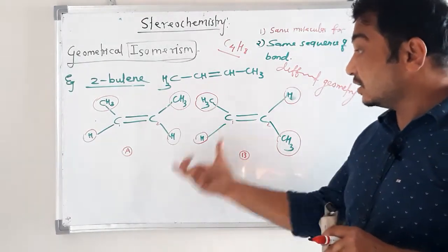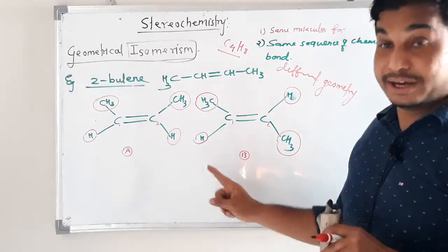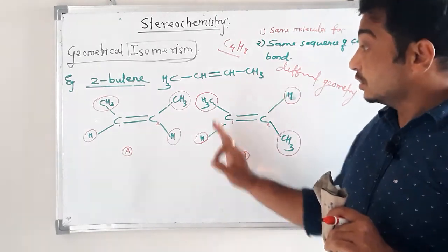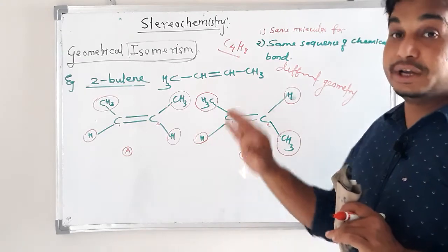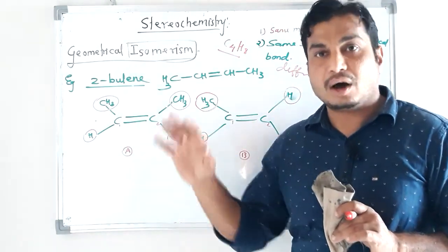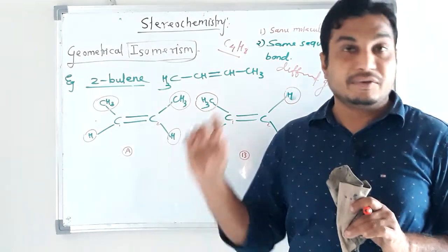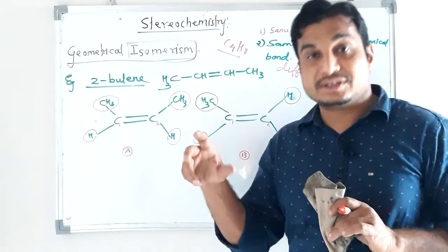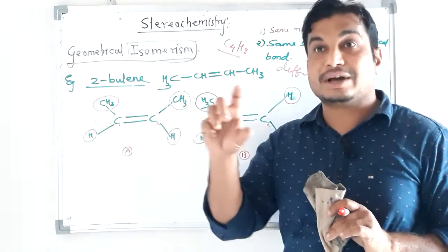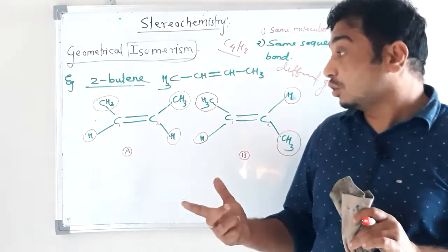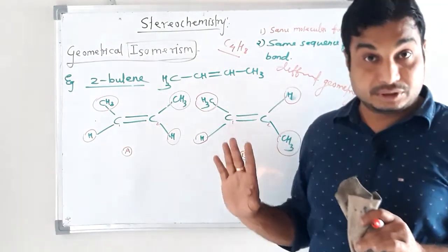That's why such stereoisomers, which are generally found in double bond, means unsaturated compounds, or ring compounds, are formed. A compound having a ring means an organic compound in which free rotation is not possible. Free rotation of the carbon-carbon single bond is restricted. That is called geometrical isomers.